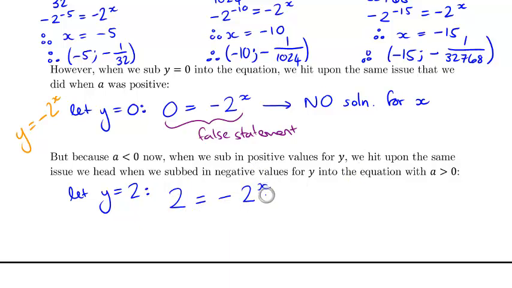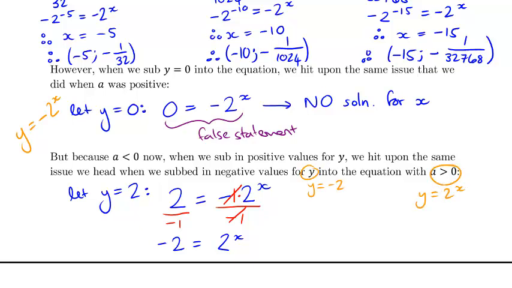Let me show you that this is actually, in fact, the same equation as we had before when we let y equals minus 2 for y is equal to 2 to the x. We can divide both sides of this equation by minus 1. Why would we do that? Well, we would do that because of this. So this ends up being minus 2 is equal to 2 to the x. That's the same equation as we had when we let y equals minus 2 for the equation y equals 2 to the x.